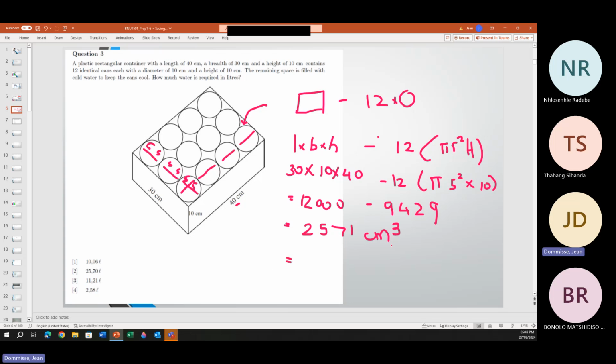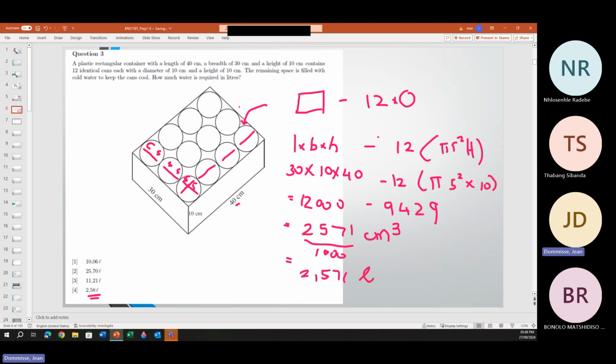And then how do we get from cubic centimeters to liters? So we will need to divide by 1,000. So if we divide that number by 1,000, we will get to 2.571 liters, which is the closest to the 2.58 liters.